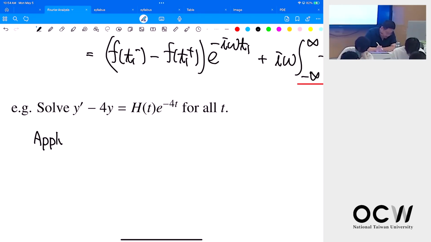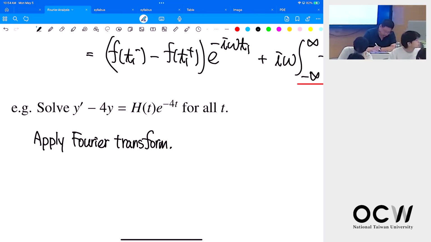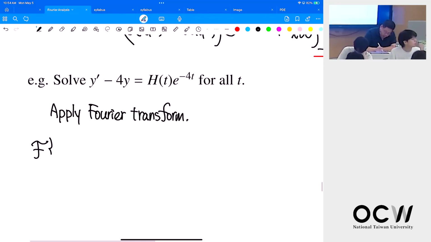So we can apply the Fourier transform. So here I have a Fourier transform of y prime minus 4 times the Fourier transform of y.